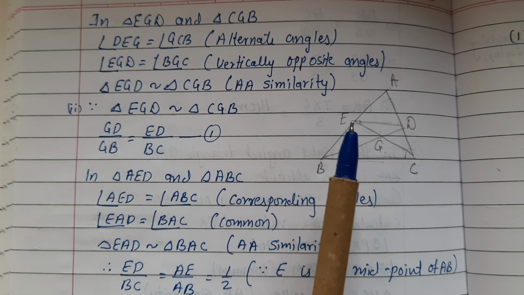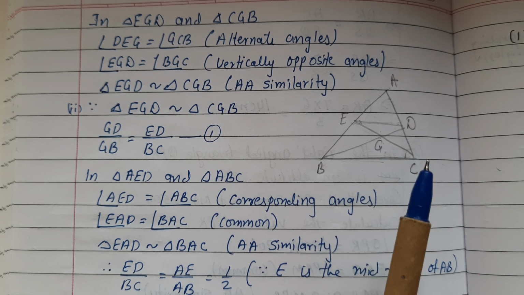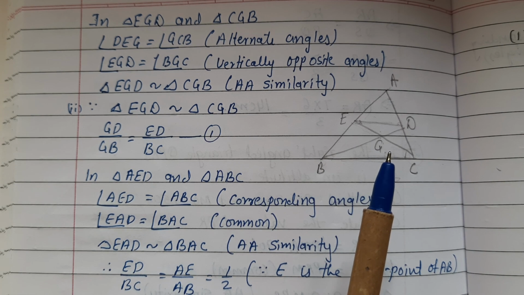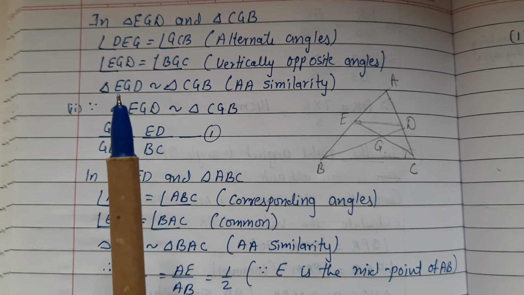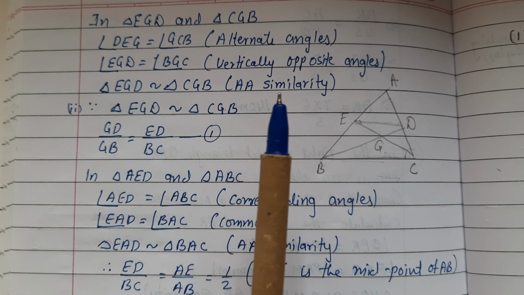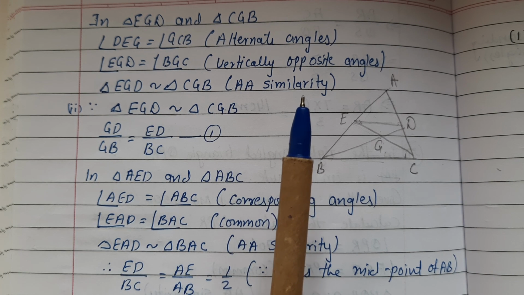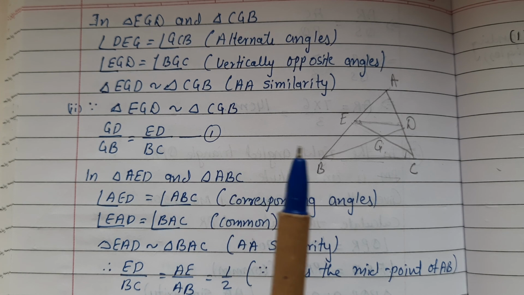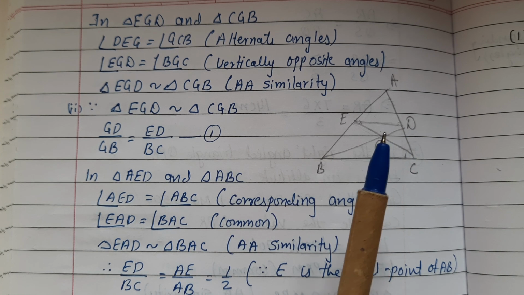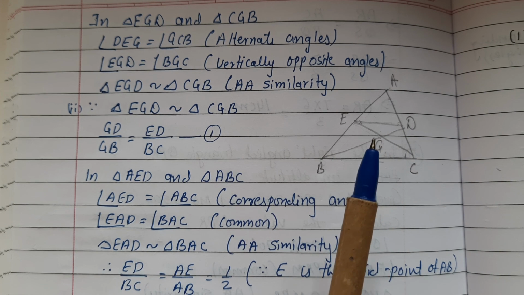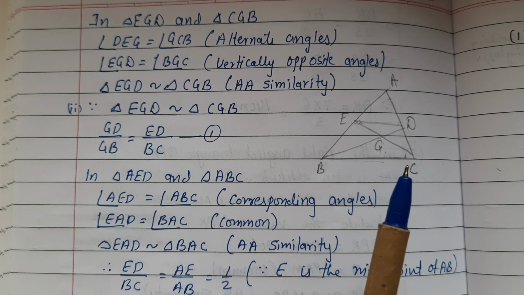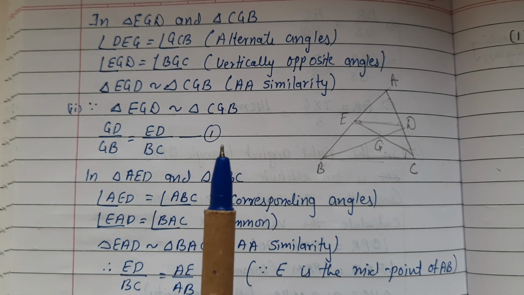Angle EGD is equal to angle CGB, vertically opposite angles. Therefore, triangles are similar by AA test of similarity. Since triangles are similar, sides are proportional. GD upon GB is equal to ED upon BC. Let that be first part.